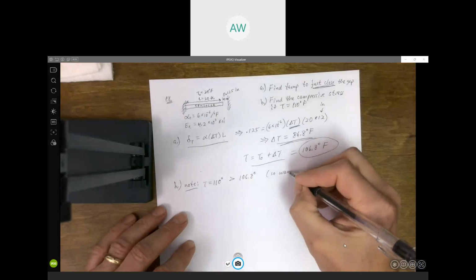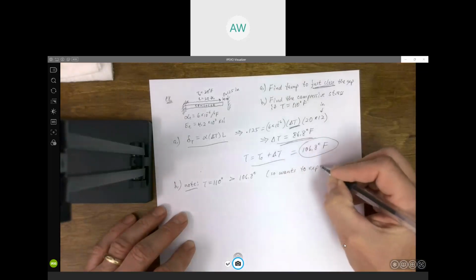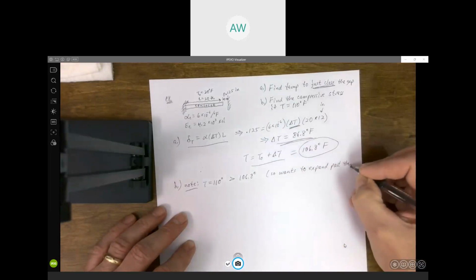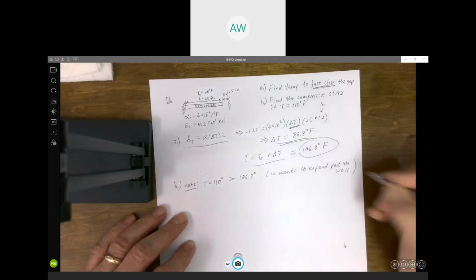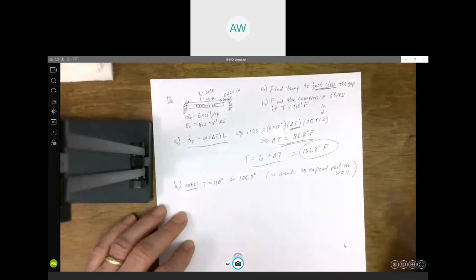Again, it wants to expand past the wall, but it can't, right? Because this wall here is rigid; it will not move.